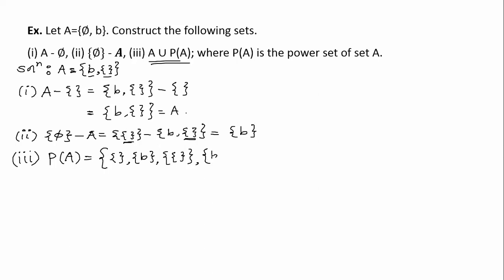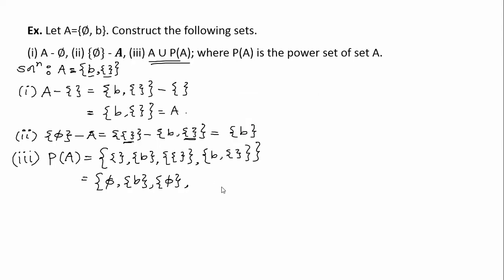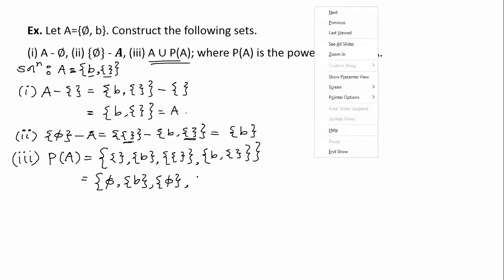We know A is a subset of itself, so this is B, this one. So this can also be written as phi, then the singleton set B, then this is a set which contains phi and then this B, and this is nothing but A. So I can say this is A. This is A, so this is equal to A.